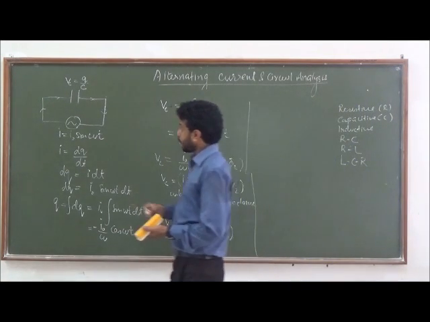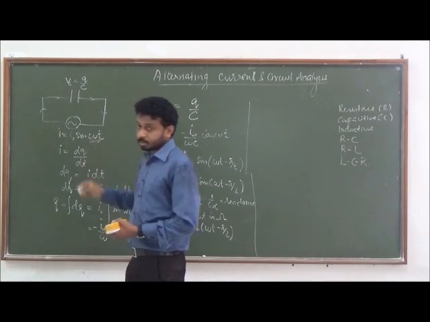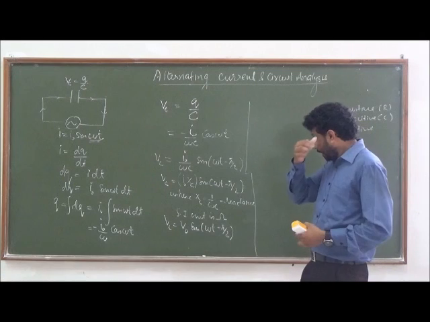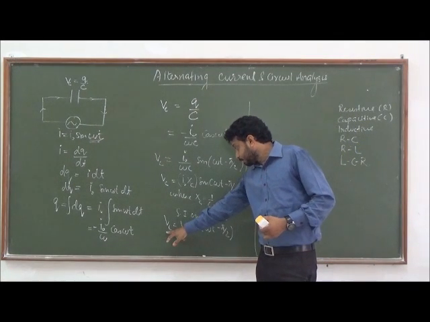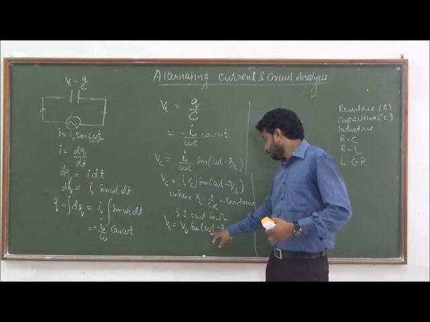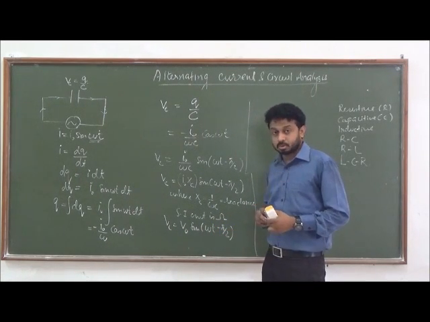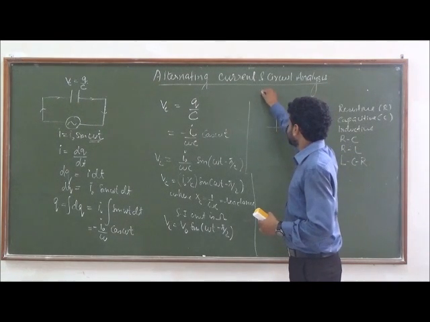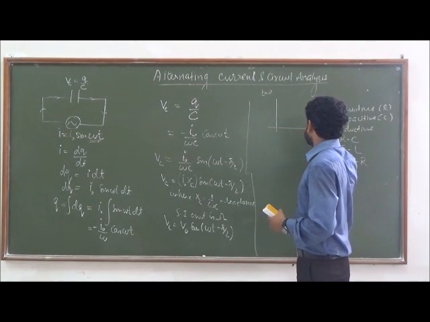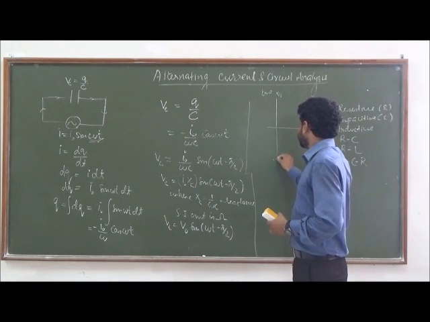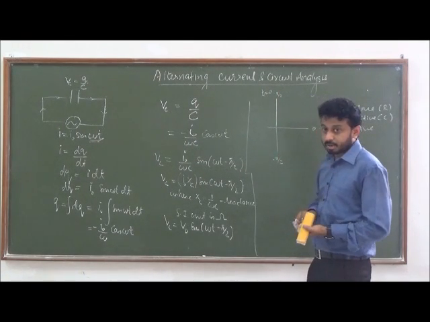If you see the current I, it has a phase of omega t, sin omega t. And the expression for potential across the capacitance has a phase of omega t minus pi by 2. So if I plot a phasor diagram at time t equal to 0, with this as 0 phase, this as pi by 2, and this as minus pi by 2, what will I get?